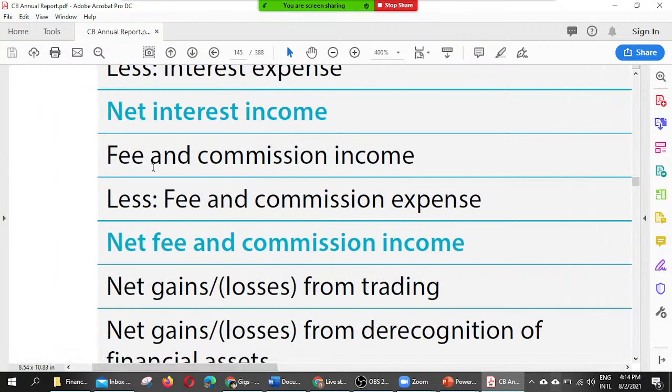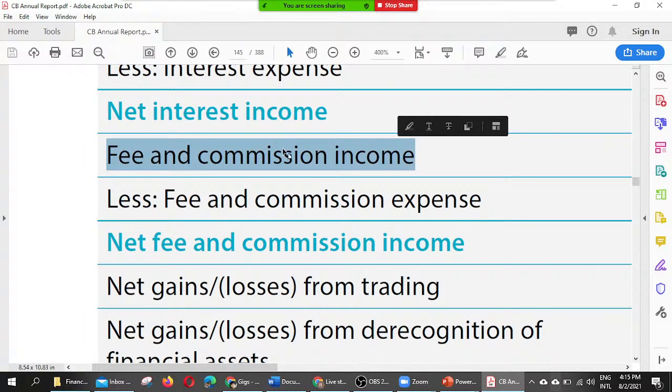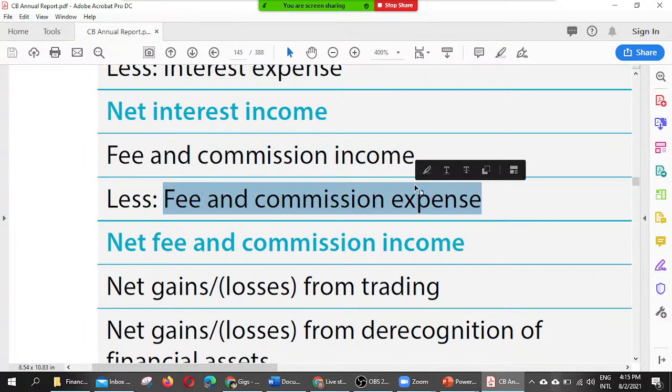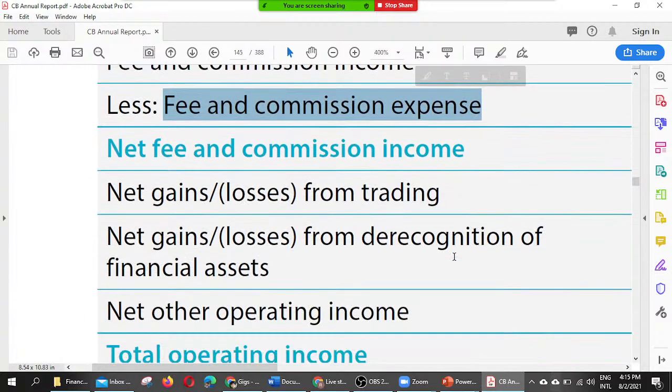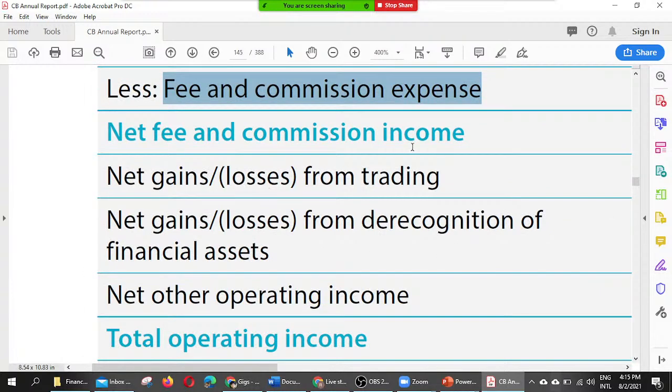Then we have to add fees and commission income. It is a non-interest income, and less fees and commission expenses, giving net fees and commissions.